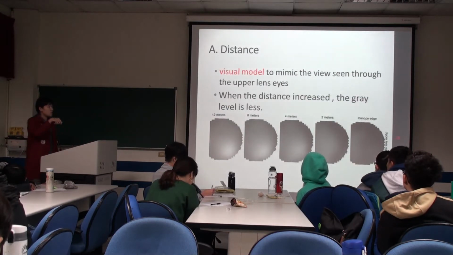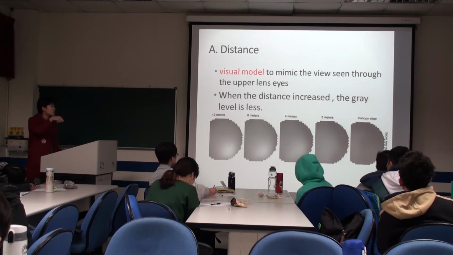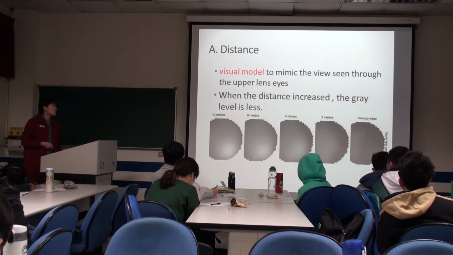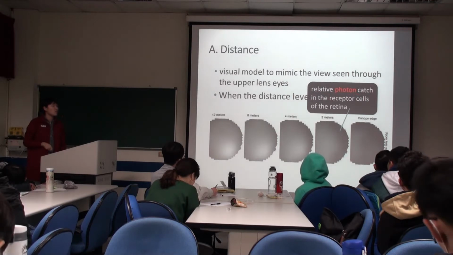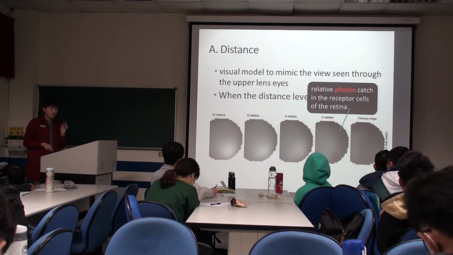And these are the same images, but processed by the visual model to show what is seen through the upper lens eye. You can also see when the distance increased to 12 meters, the gray level is less. The gray level is the calculated photon catch in the receptor cells of the retina.